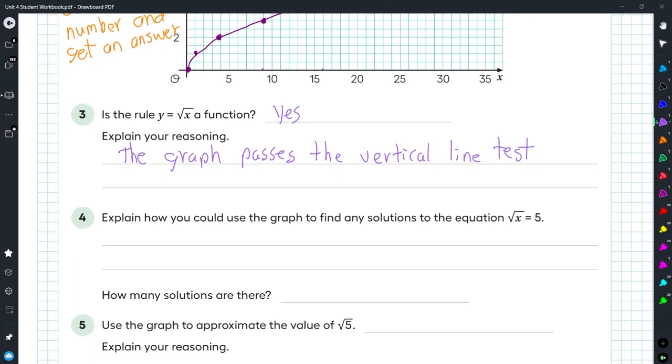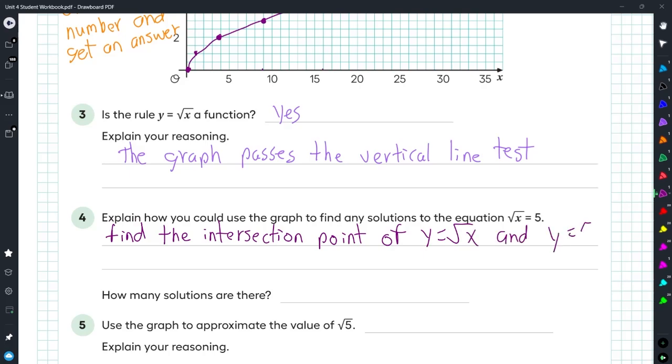Now, explain how you could use the graph to find any solution to the equation the square root of x equals 5. So we would find the intersection point of y equals the square root of x and y equals 5.